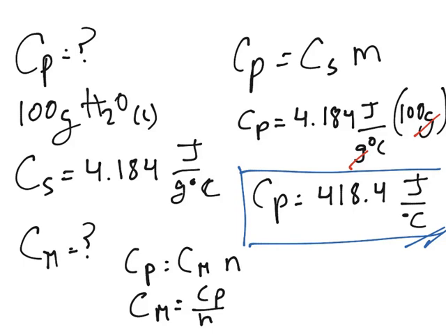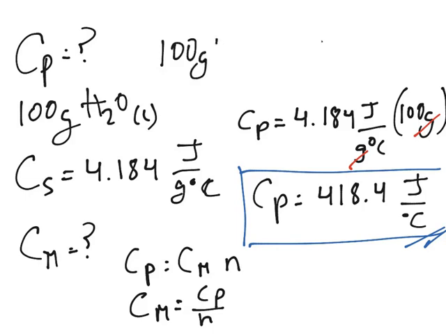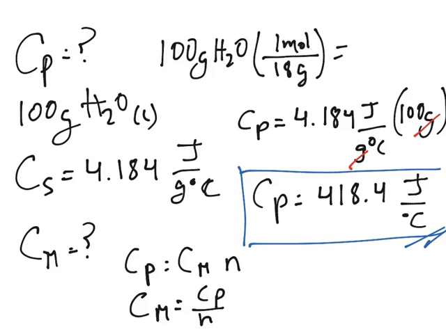I'm going to erase this part just to obtain it. So we have 100 grams of water, and by using its molar mass, which is about 18 grams, and that's 1 mole. So the grams go with the grams, and we have our moles of water, giving us 5.5 moles.